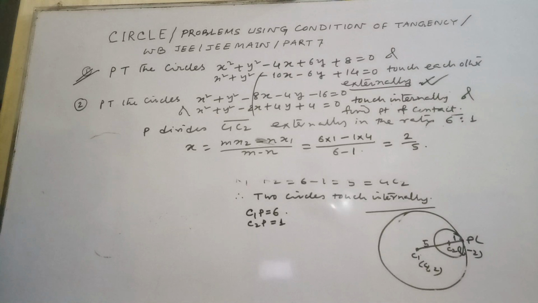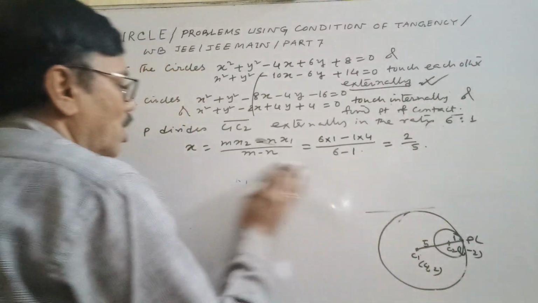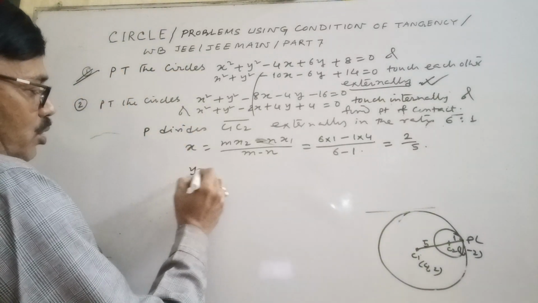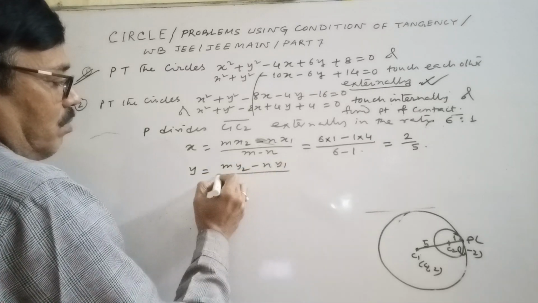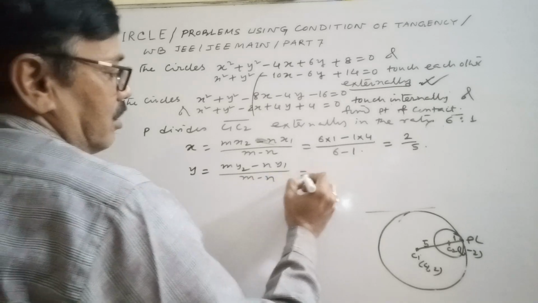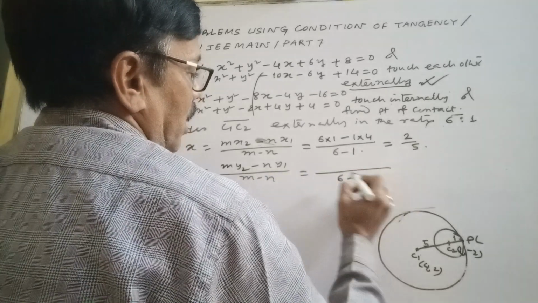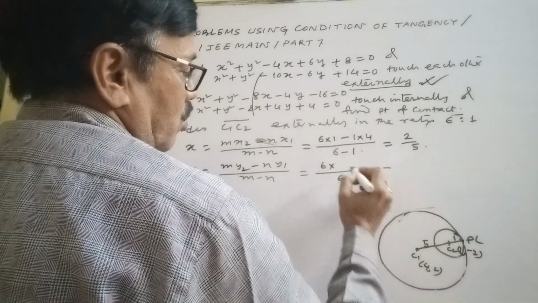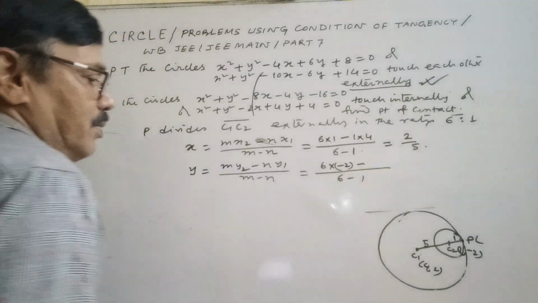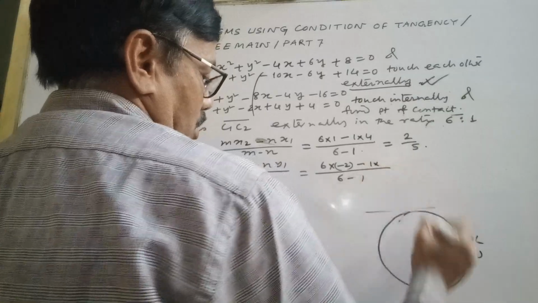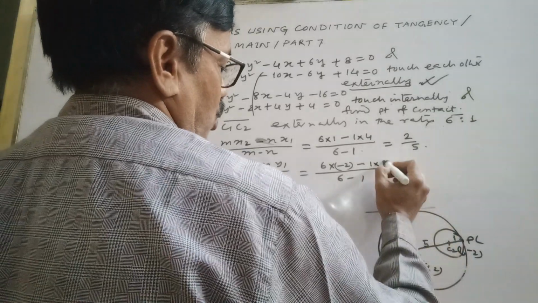And y equals my2 minus ny1 by m minus n. So this is 6 minus 1. So 6 into minus 2 minus 1 into 4.